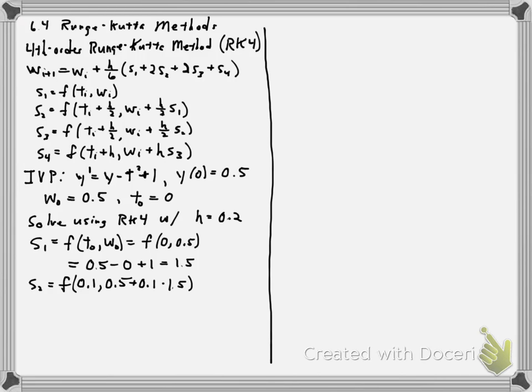And so we are actually evaluating the function at 0.1. And so 0.5 plus 0.15 is 0.65.